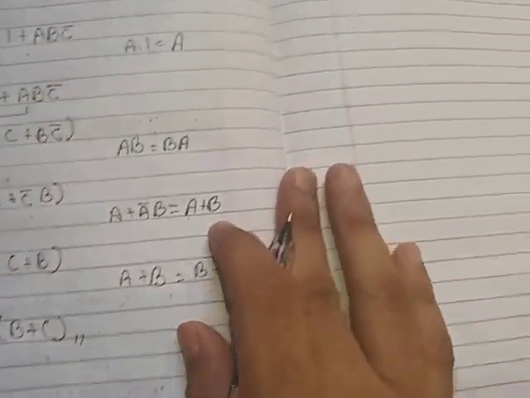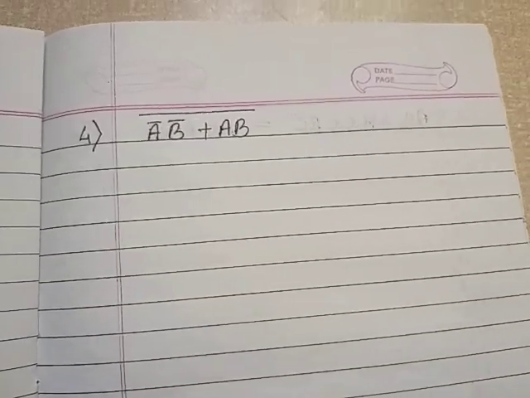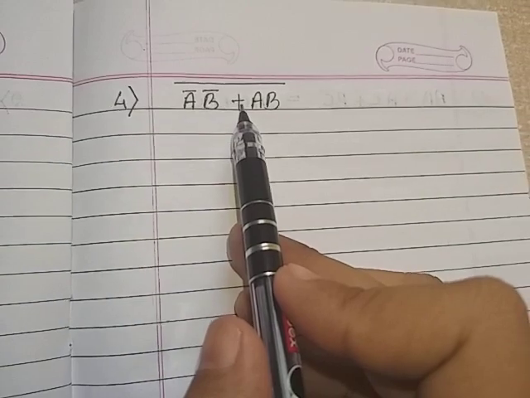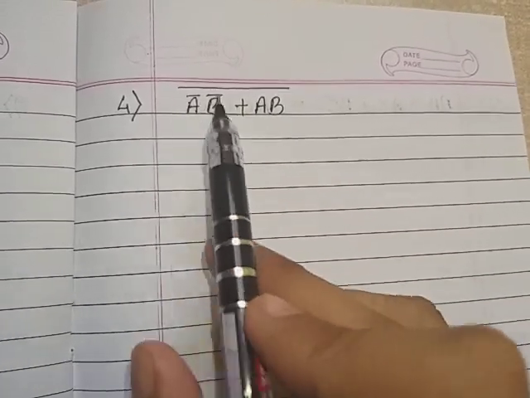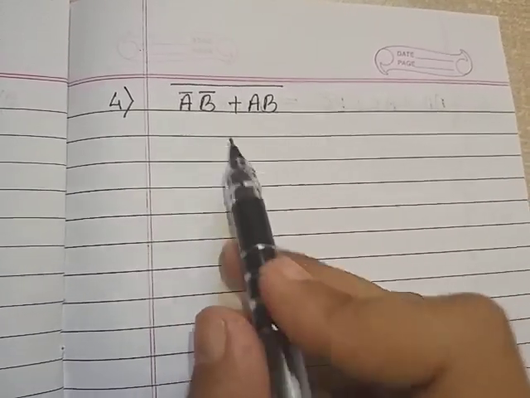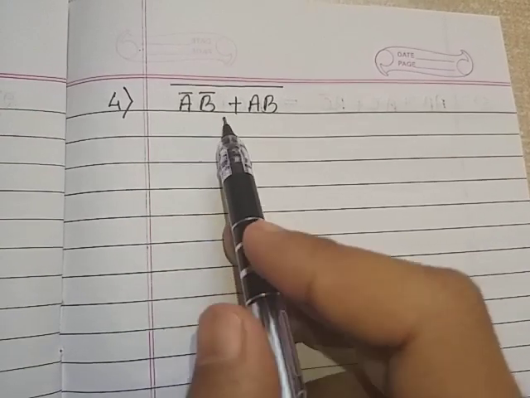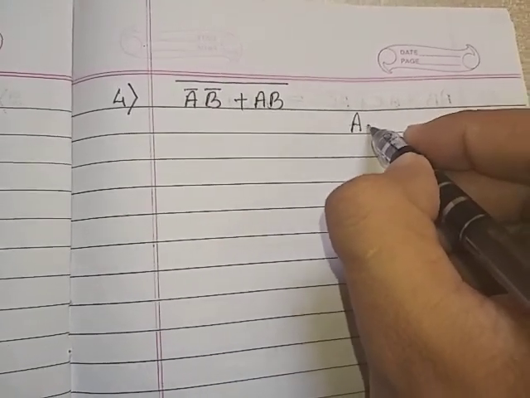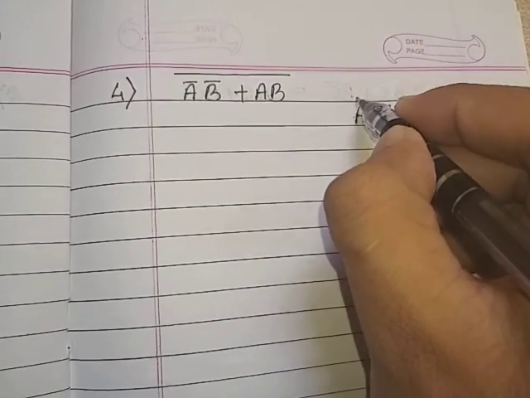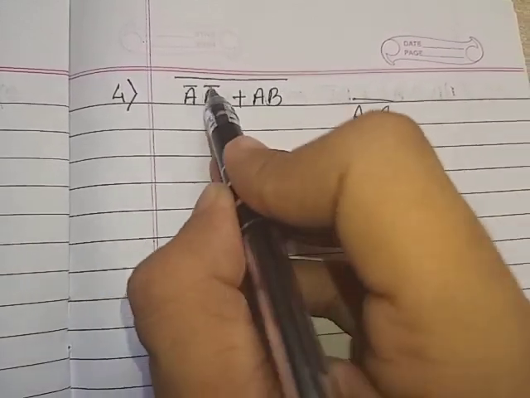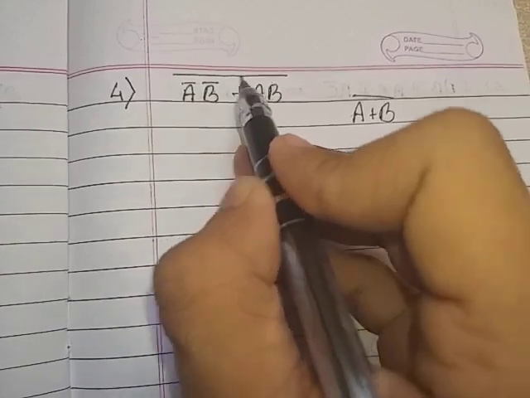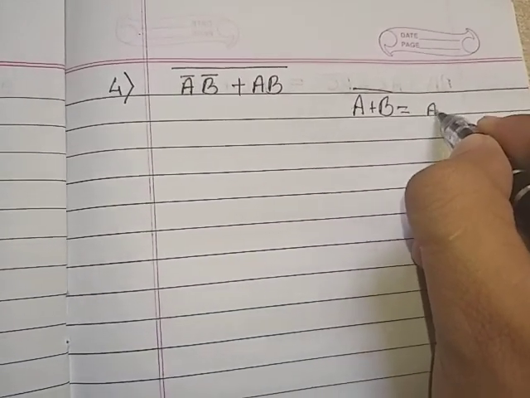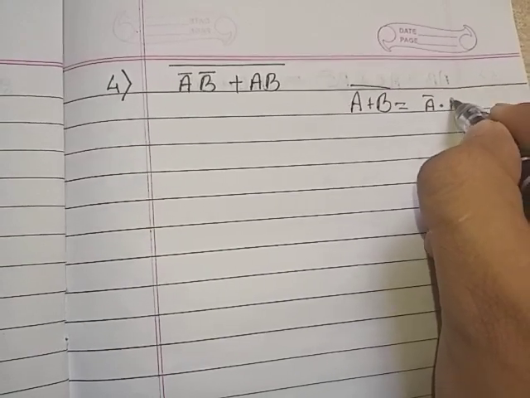Now let's see more examples. Suppose the given equation is a bar b bar plus ab to the whole bar. Here first we are going to apply De Morgan's theorem. So let's start with a plus b to the whole bar, which is equal to a bar dot b bar.